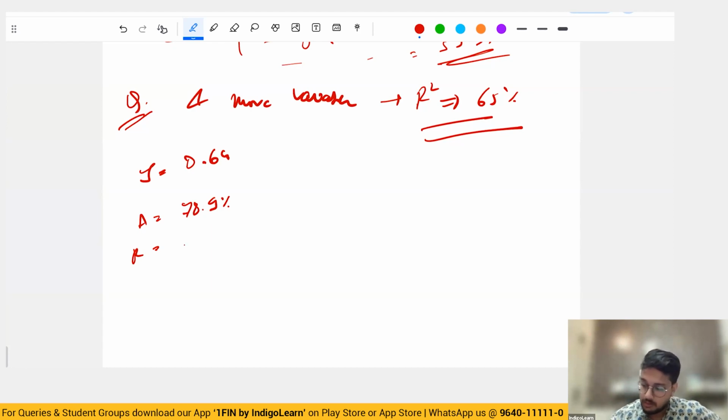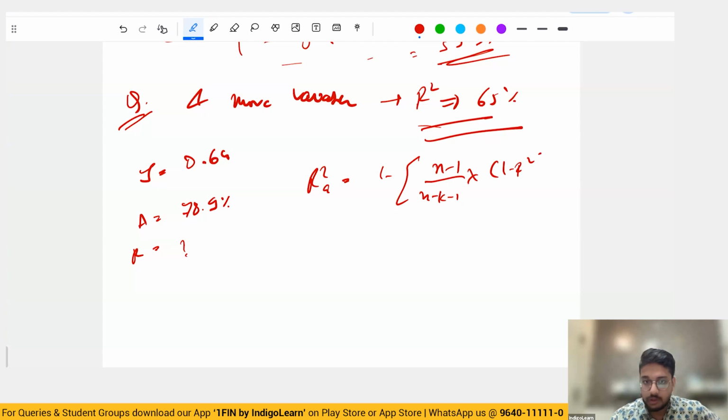Okay, no problem. So let's try to attempt this question. My adjusted R square formula is 1 minus (n minus 1 upon n minus k minus 1) into (1 minus R square). Right? Rohit is saying, sir, 65%. Okay, Rohit. Let's check. Yours is 64%. Okay.